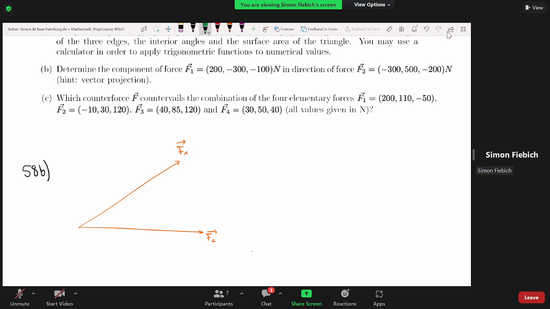What are we searching for, actually? A component. So we are looking for some kind of component.